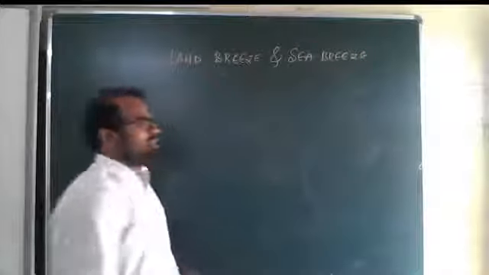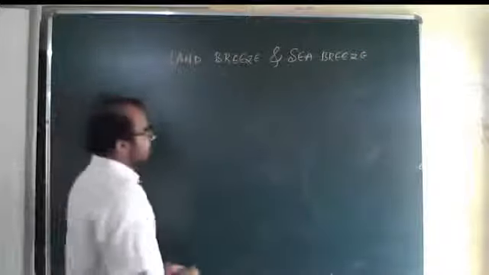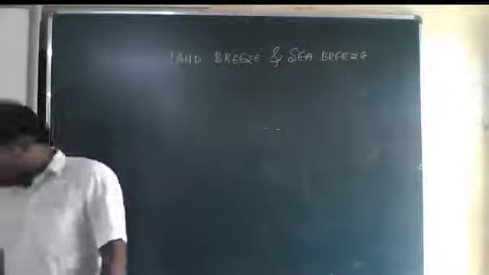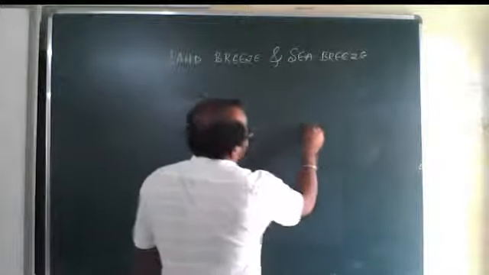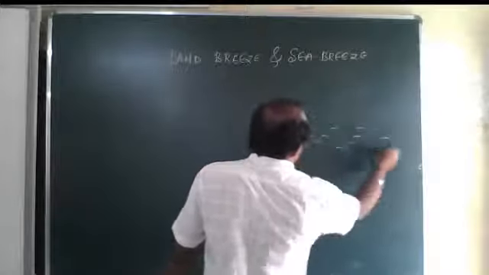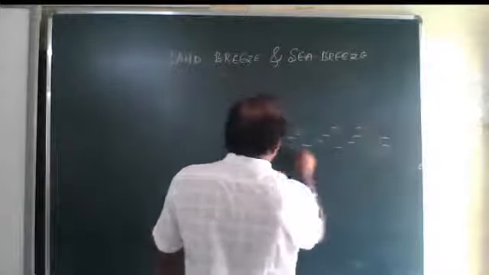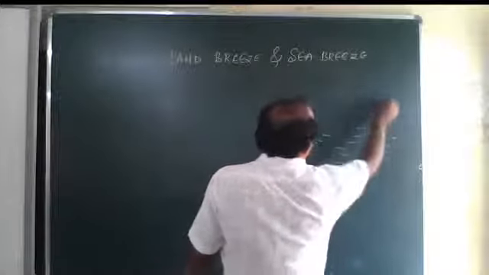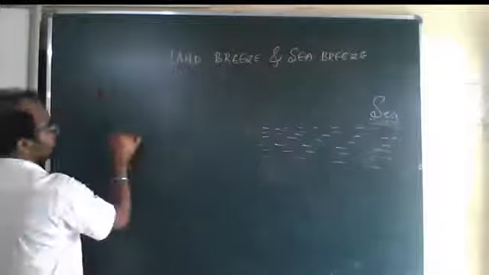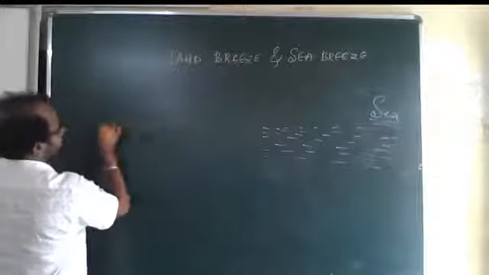Okay, see, if there is a sea here, suppose, I'm going to draw this diagram. I'm just giving an example. Sea is present here, and on this side I will say land is present here.